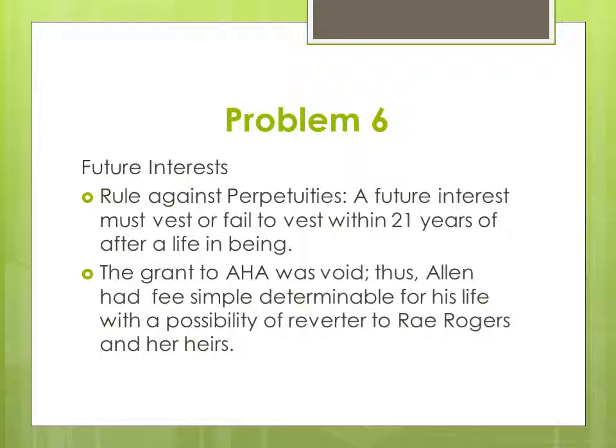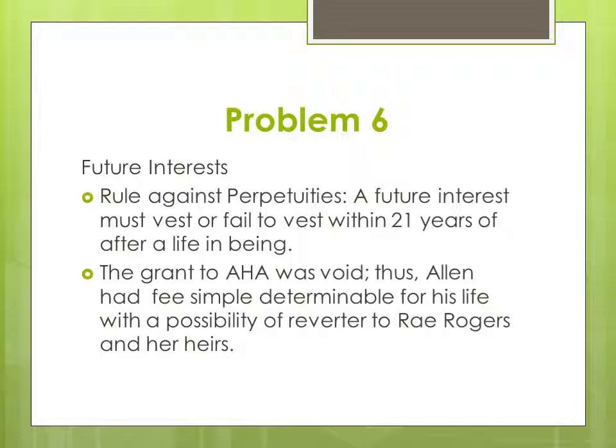Now, she died in year 6, so 21 years plus 6 would be 27. Alan is still currently alive and he's trying to sell it, but the point is there's no possibility that they can guarantee that the interest will vest within 21 years after life in being.